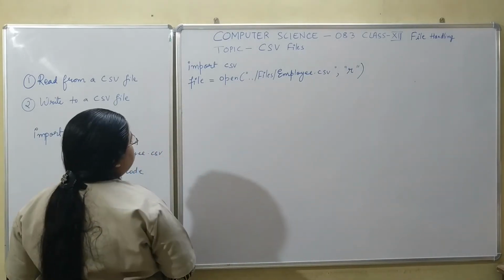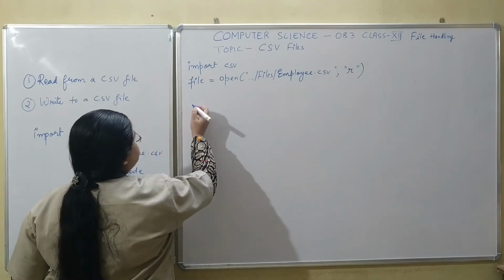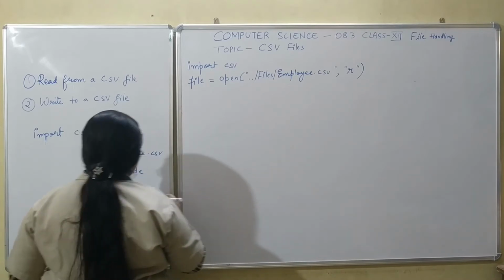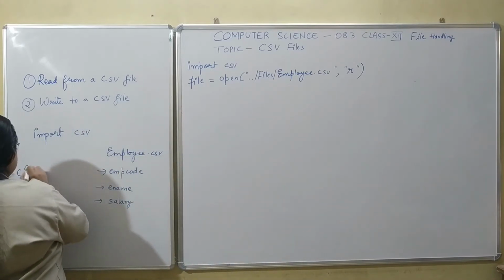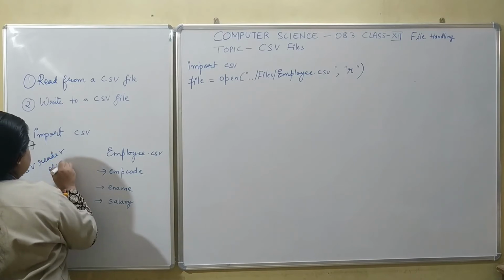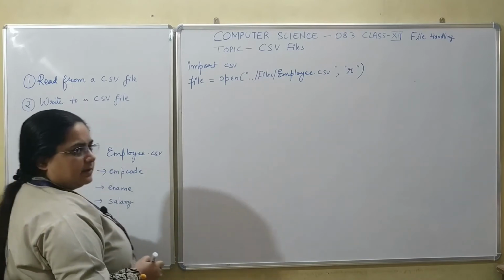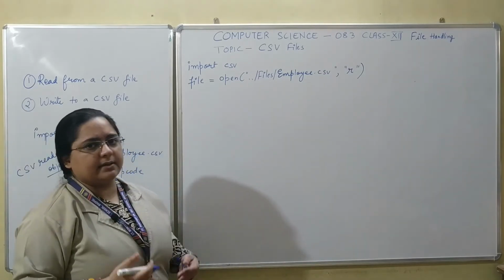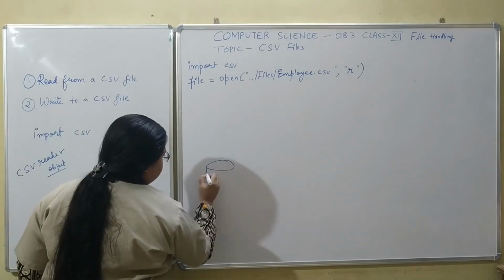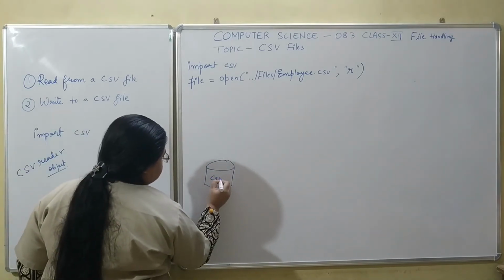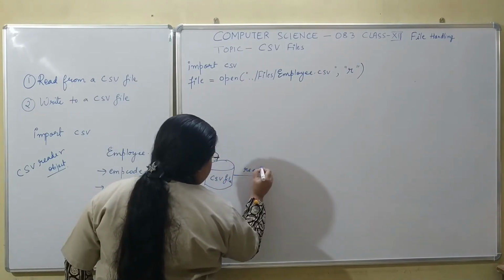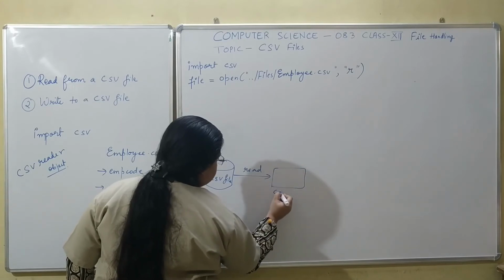Now after doing this, we are going to create a CSV reader object, which is like a temporary memory object that reads the entire content of a CSV file. A CSV file is stored on your hard disk, so from this, data is read and stored in a CSV reader.